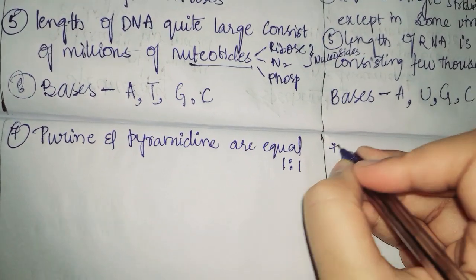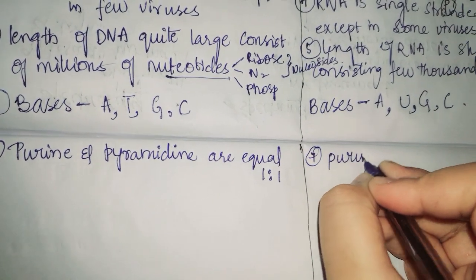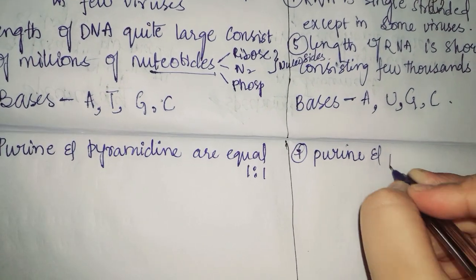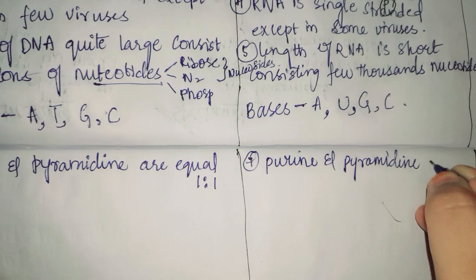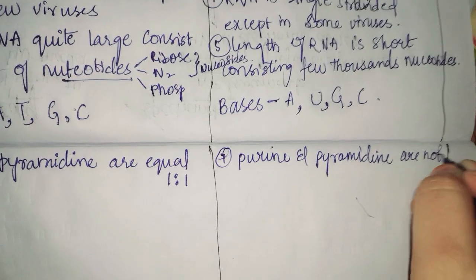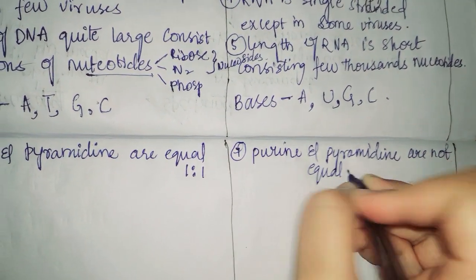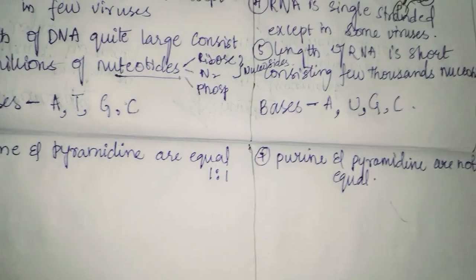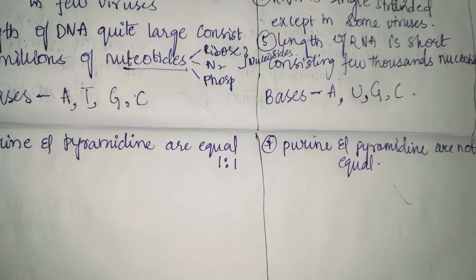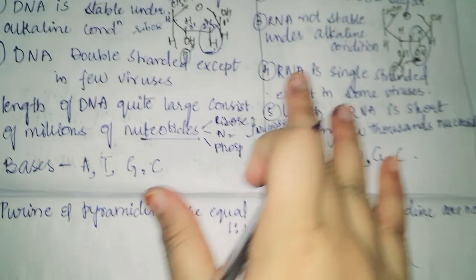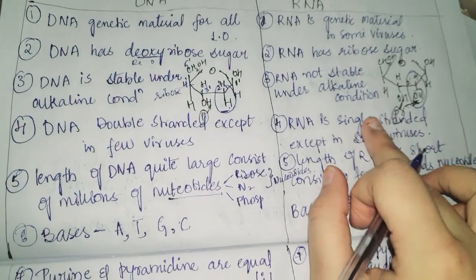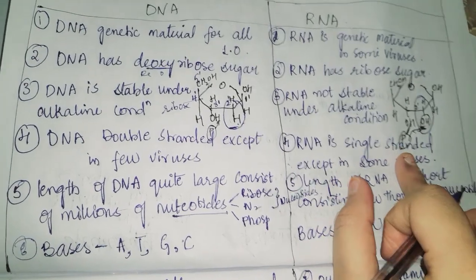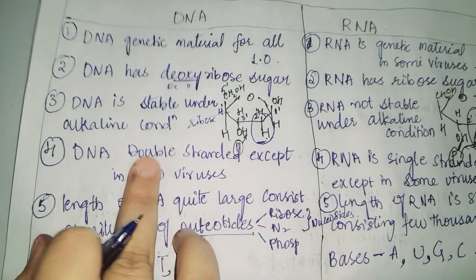And in RNA, purines and pyrimidines are not equal. What is the reason why they are not equal? Because in all cases, RNA is single stranded, whereas DNA is double stranded.